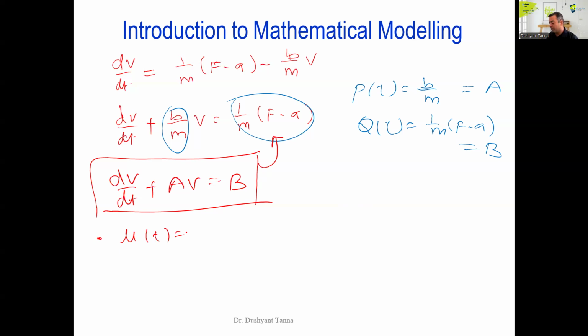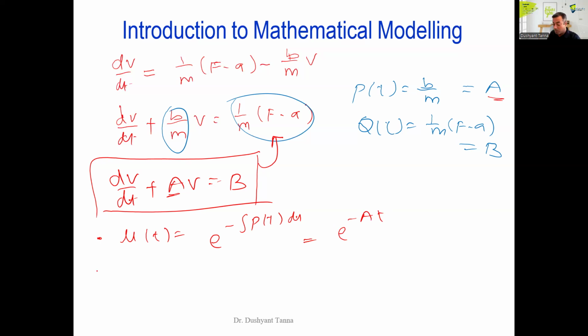Maybe with the other example, I will go for the homogeneous, non-homogeneous part. That should all give the same answer, right? Mu of t is e raised to the integral of P of t dt. P is A here, so e raised to A t, right?